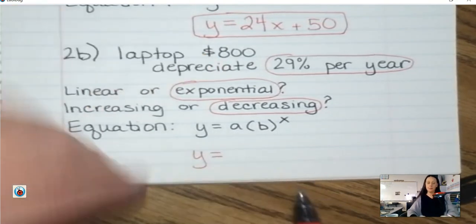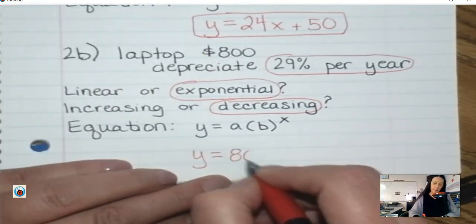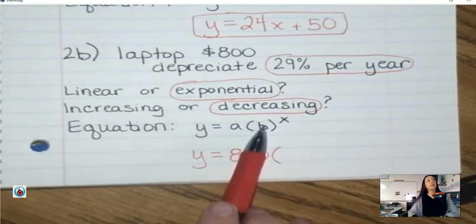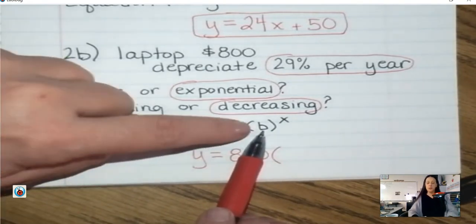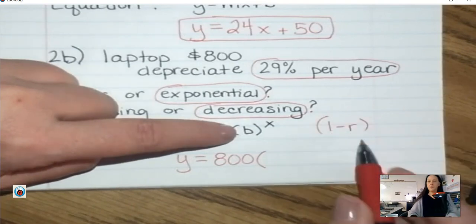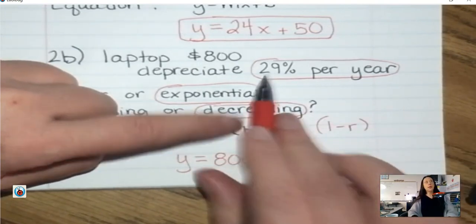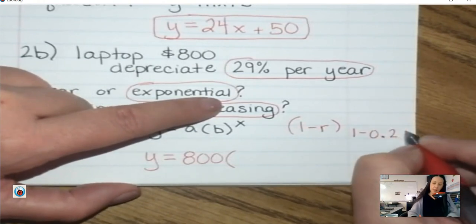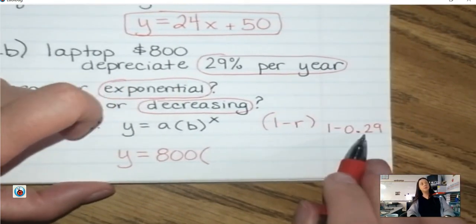The laptop started at $800. It's decreasing, it's going down per year, so this is going to be the decay model. So your b value is going to be 1 minus the rate. The rate is 29%, so that's going to be 1 minus 0.29, because 29% is 0.29.